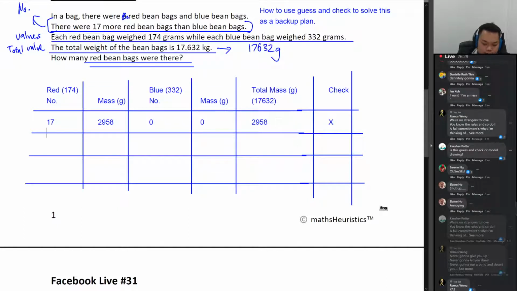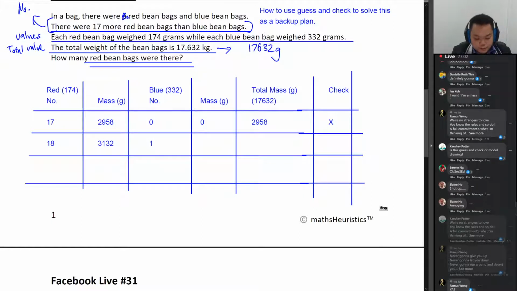Then the next one is gonna be, what is the smallest increase that I can make? The smallest increase that can be made here is that I put in one blue bean bag. Then my number of red bean bags is always 17 more than my number of blue bean bags, so I have to plus 17 to that. So 18 times 174 will give you 3,132.